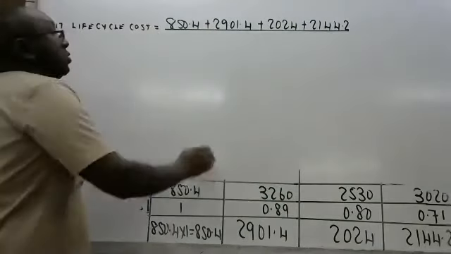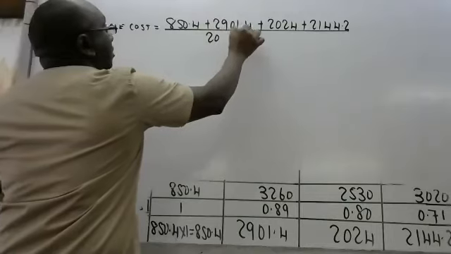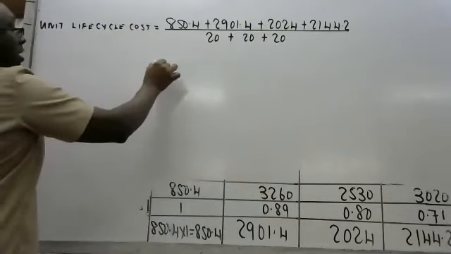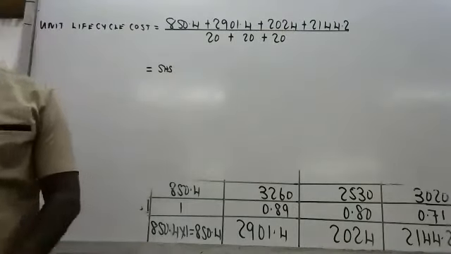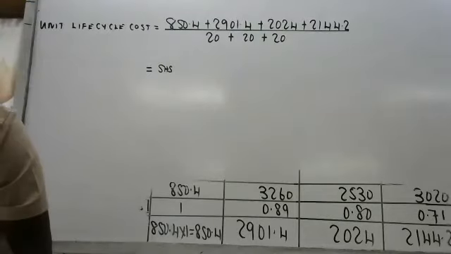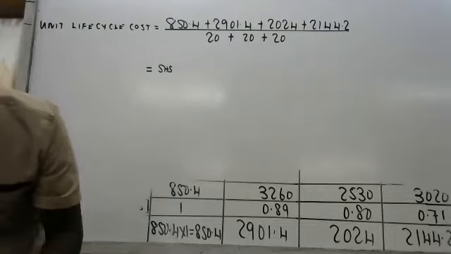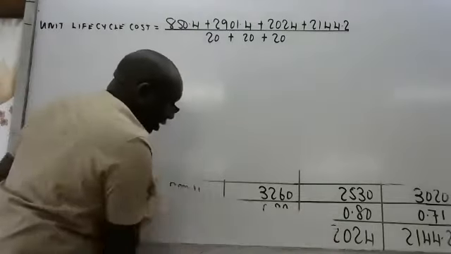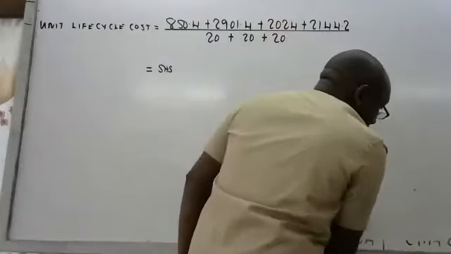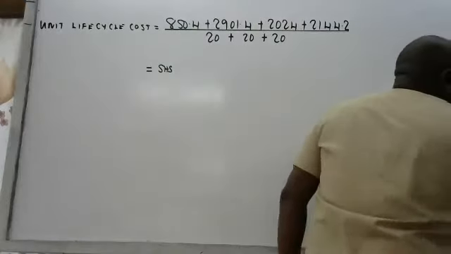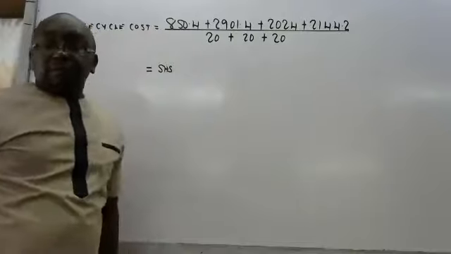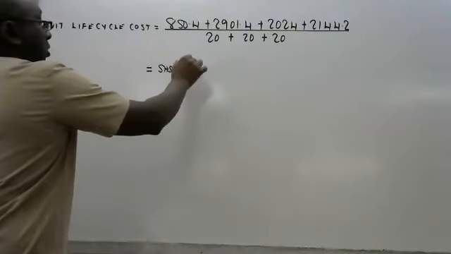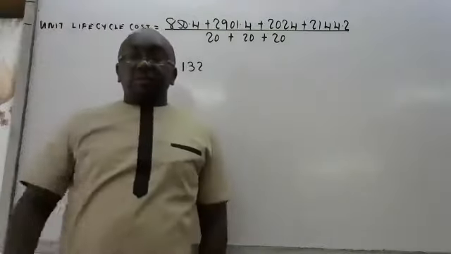You divide by the units, which are 20 plus 20 plus 20, so that you are able to know the cost per unit that was produced in the life cycle of that product. Yeah, good. I can see shillings 132.